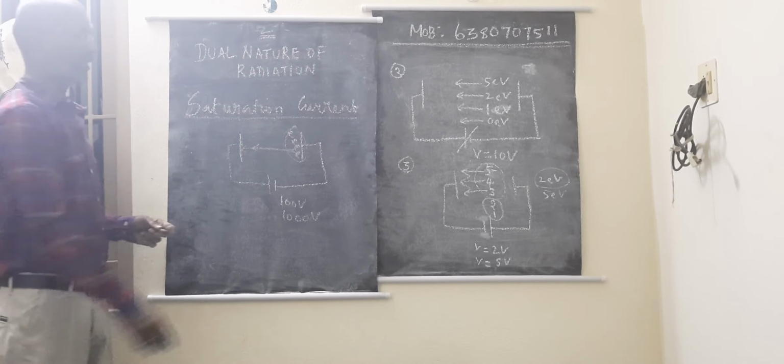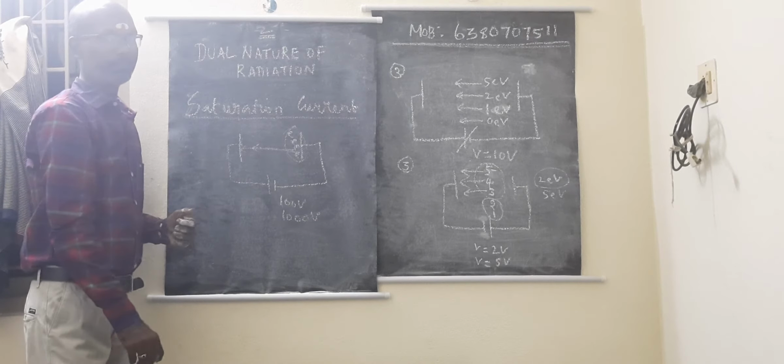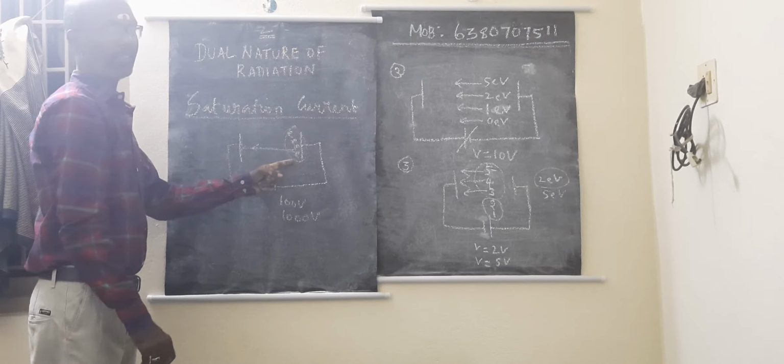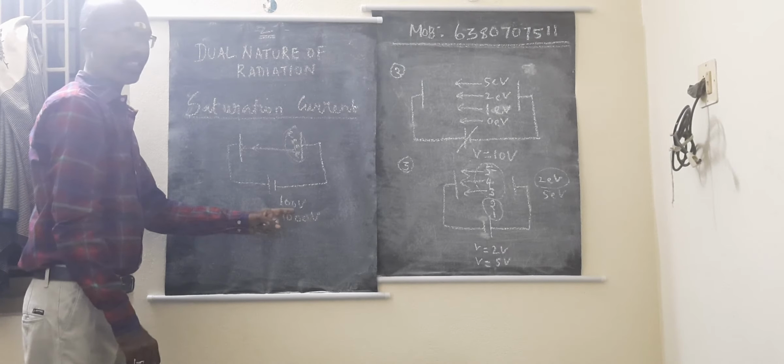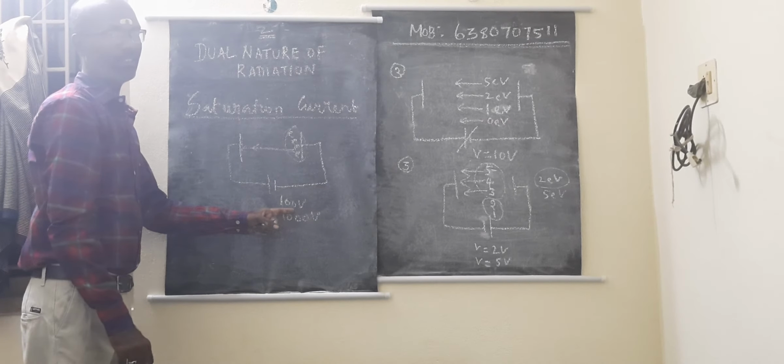The meaning is that the electrons are limited. When potential is increased, the current will be constant only.